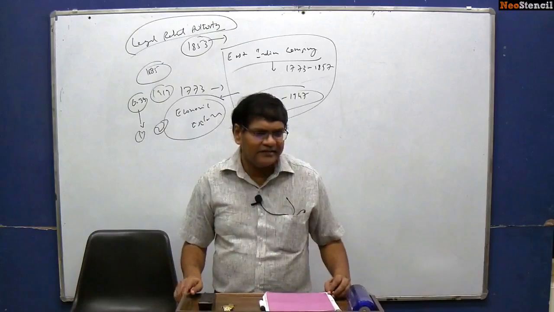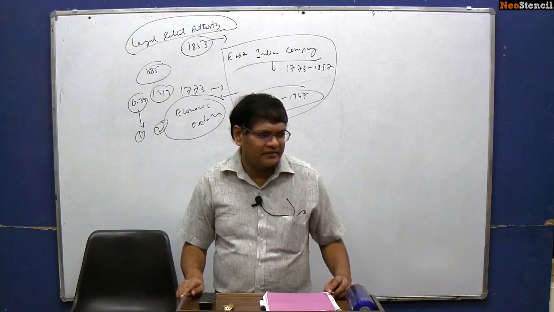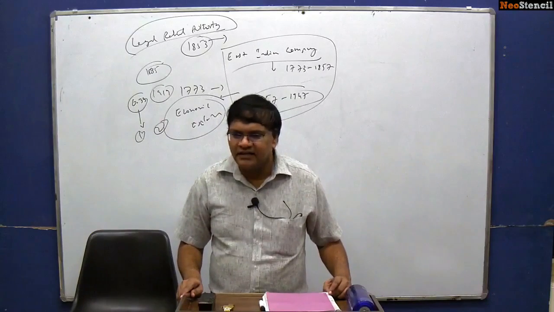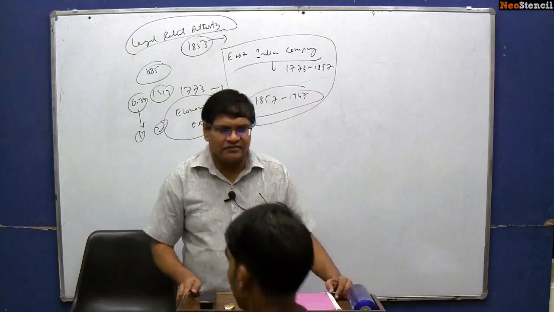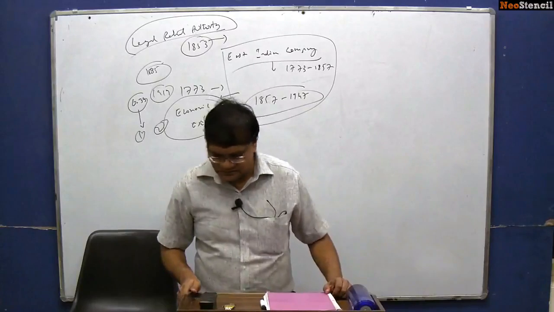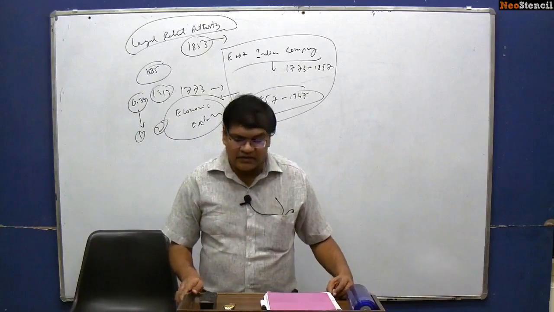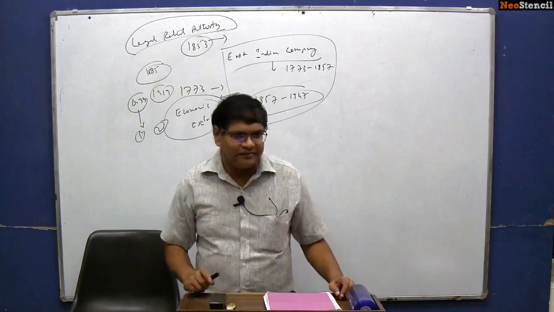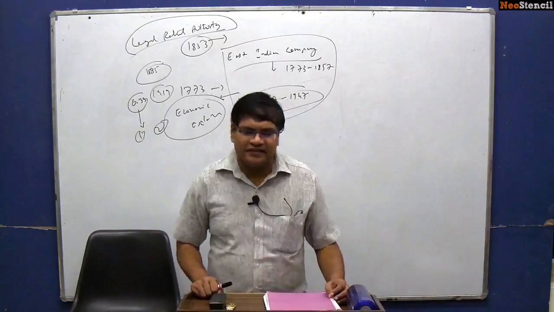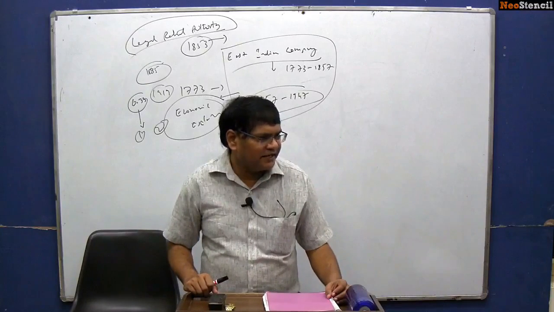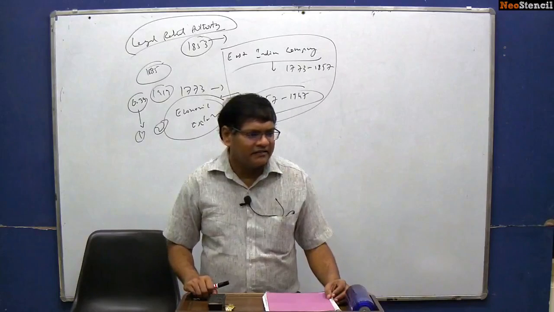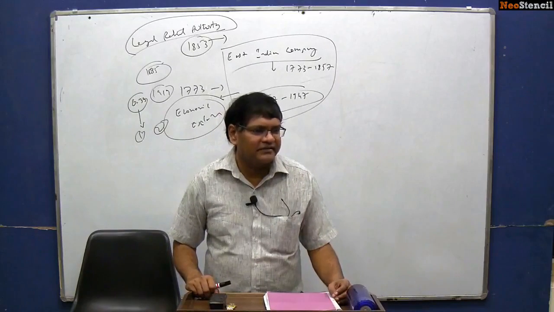How much time? 2 years, 11 months and 18 days. During this period, the central legislature performed both functions. One is framing the constitution, and the second is the regular function of law making for the entire country.